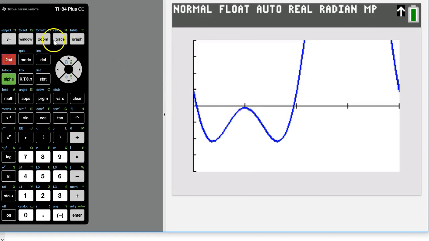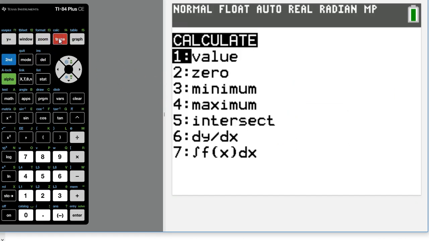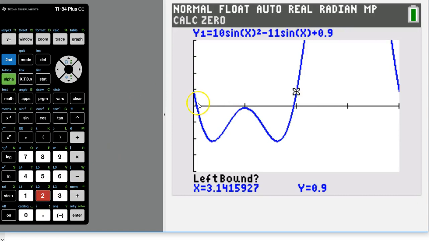So second calc, the trace button, and we want choice 2, zero, because that's going to find the places where the curve has a y value of 0. It's going to ask me 3 questions. What's your left bound? So I'm going to use my left arrow and cursor all the way to the left of where I want to find.